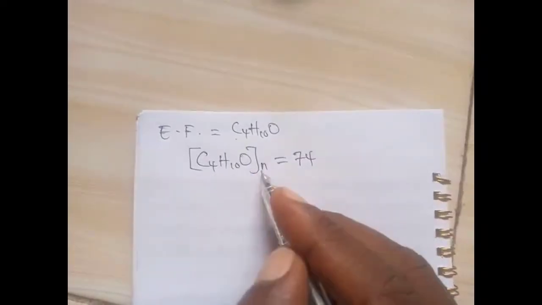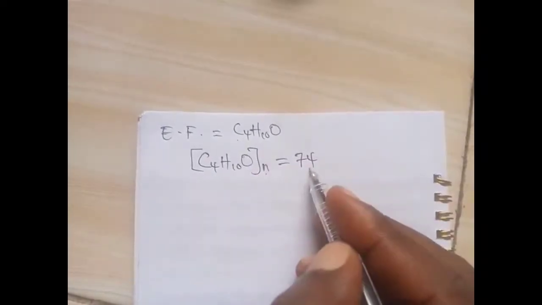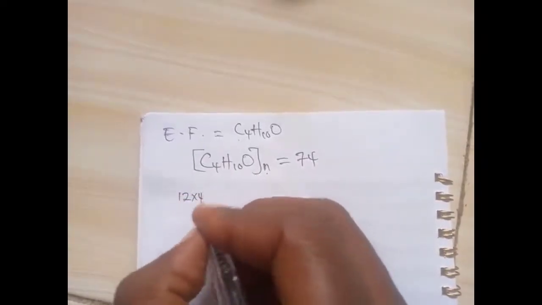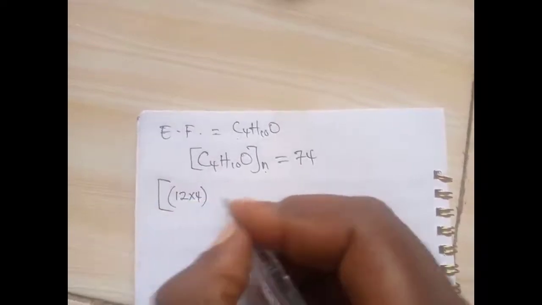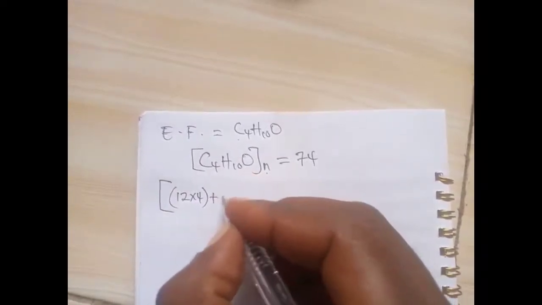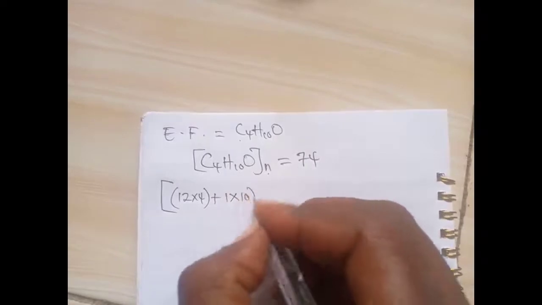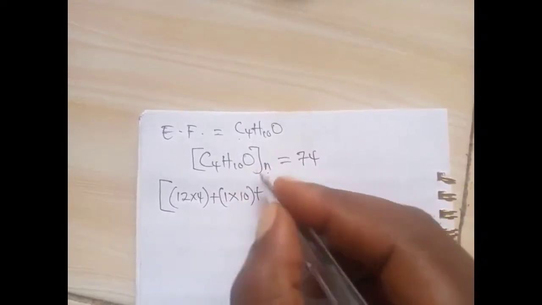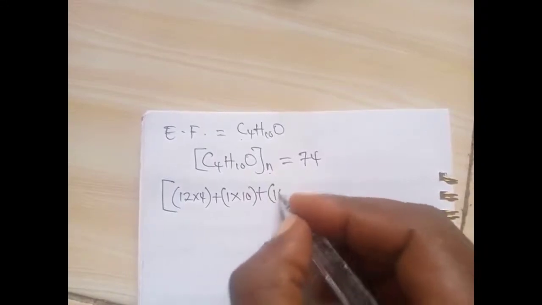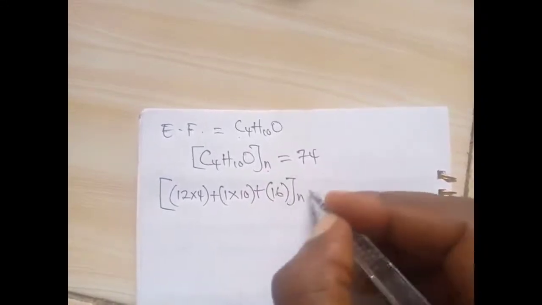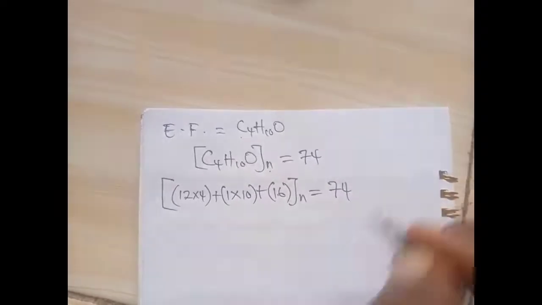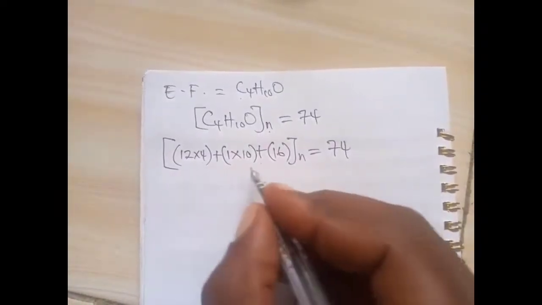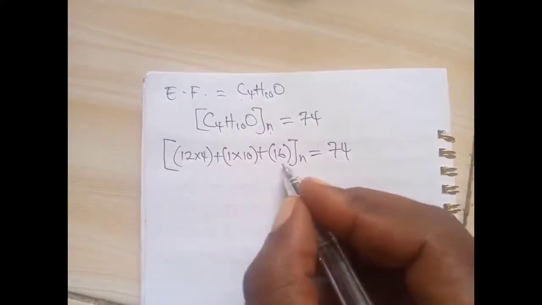So it means this times n is what gives us 74. C is 12, so we have 12 times 4. H is 1, so we have 1 times 10. Oxygen is 16, so just 16. So 48 plus 10 is 58, plus 16 is 74.